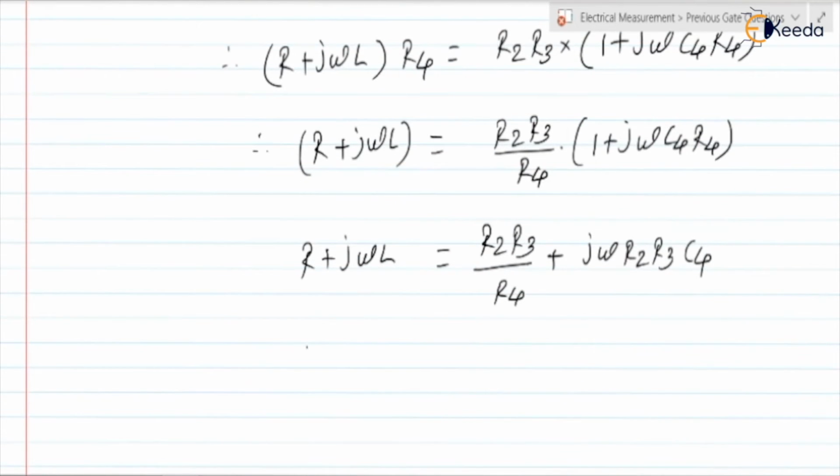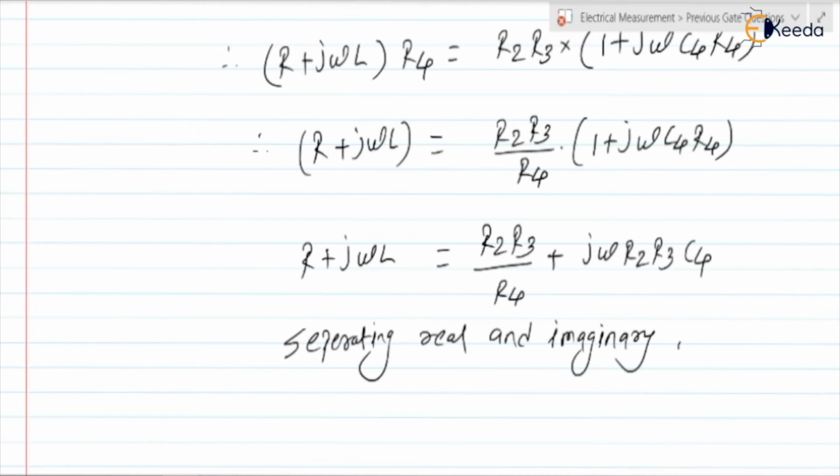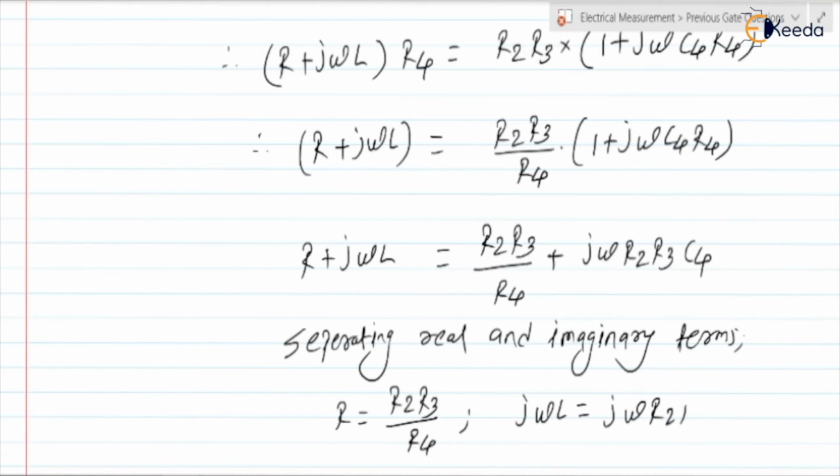Now if we separate real and imaginary terms, so we can write R is equal to R2 R3 by R4 and J omega L is equal to J omega R2 R3 C4, okay.